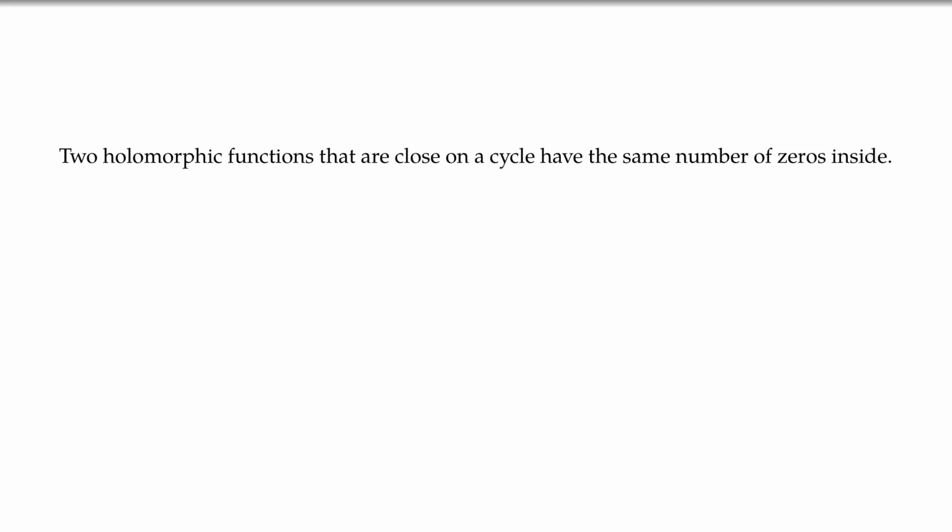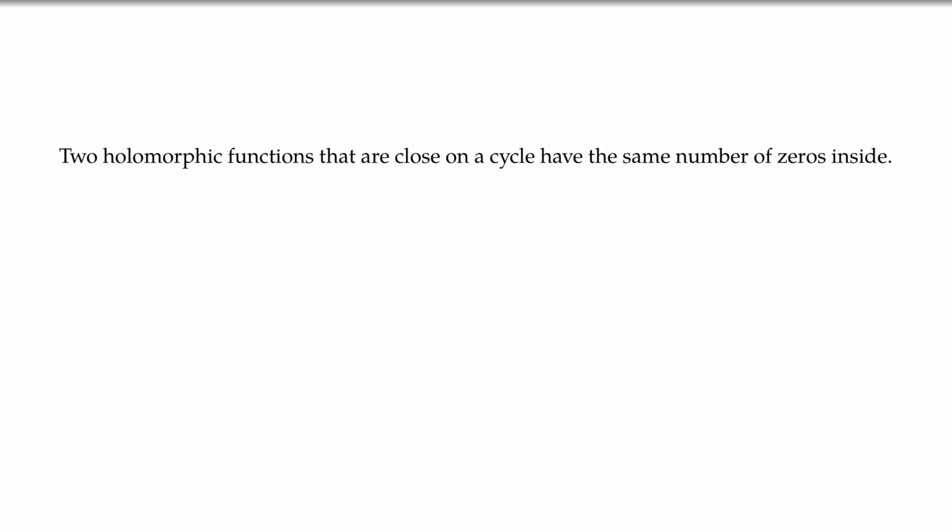So we're going to take the supremum of their difference, really, to measure how close they are. And we're just going to look at a cycle, and basically we then look at what's inside the cycle. As long as they're close on the cycle, then the number of zeros are going to be the same inside. It's going to have the same number of zeros.